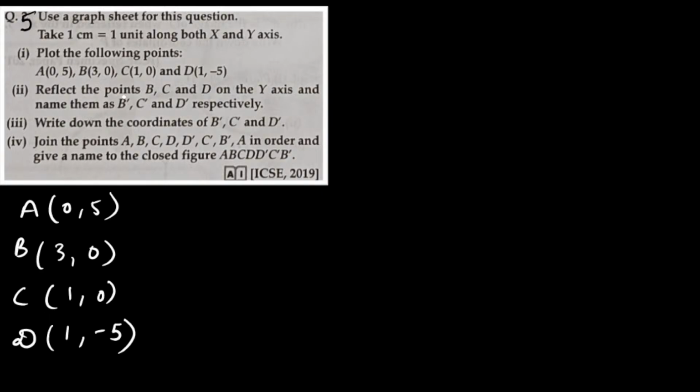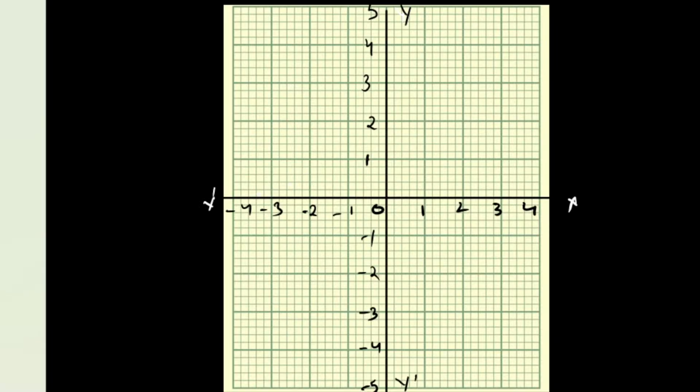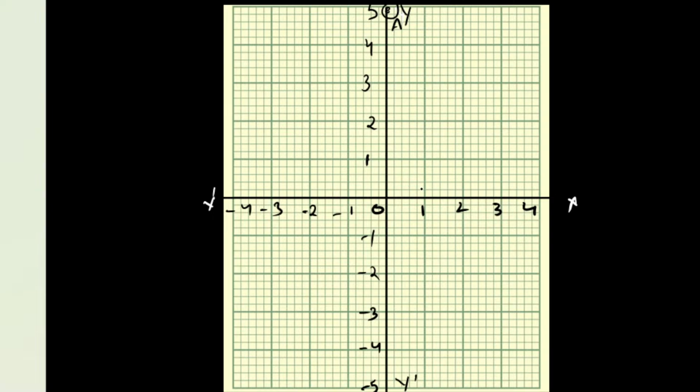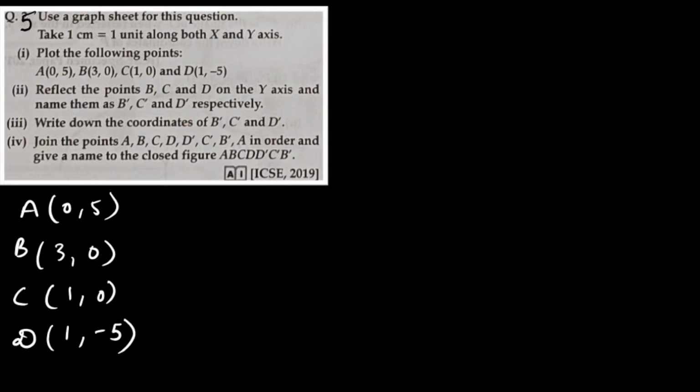So first of all we have to plot the following points. Let us plot. So A is (0, -5). So (0, -5) means on the y-axis it will come, where x value is 0. So here this is point A. The point lies on the y-axis, because x value is 0 here. Then B is (3, 0). So (3, 0) lies on the x-axis, because the y value is 0. And then C is (1, 0).